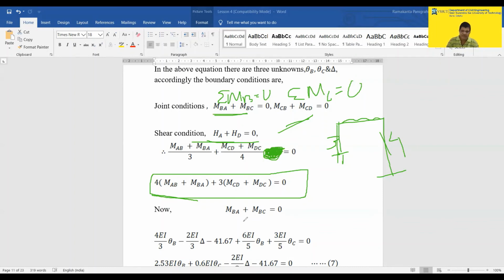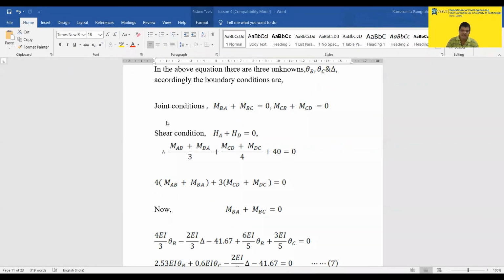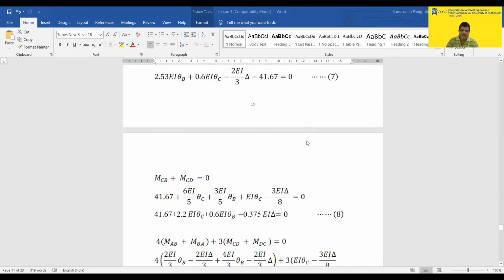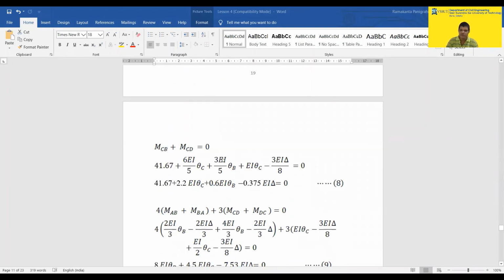Now the first condition, MBA plus MBC is 0, and putting the values you will find this condition, equation 7. Equation 7 comes from MBA plus MBC. Put in the values of MBA and MBC that we obtained earlier, and we'll get this. Then MCB plus MCD is 0, and we'll get this value.